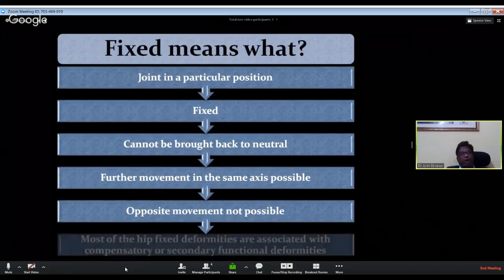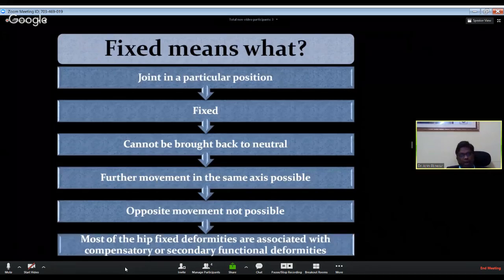That means if you have a fixed adduction deformity, you have further adduction but you don't have abduction. If you have a fixed flexion deformity, you have further flexion but you don't have extension. You have to be very clear in your mind, because in the examination, when you are under stress or tension, you forget these important things and err. So, a joint in a critical position, if it is fixed, cannot be brought back to neutral. Further movement in the same axis is possible. Opposite movement is not possible.